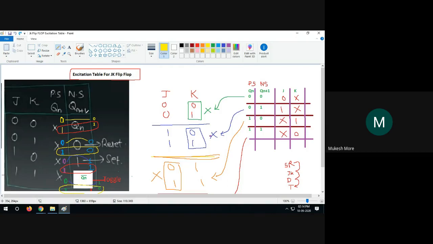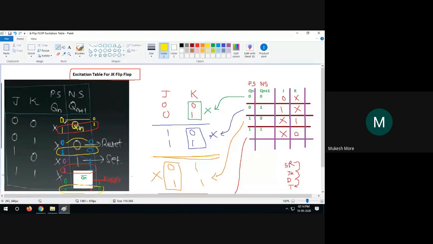Now see, when J equal to 0, K equal to 0, then the next state is equal to Qn. Qn means the present output, or previous value, so the next state will be the same as the present state.